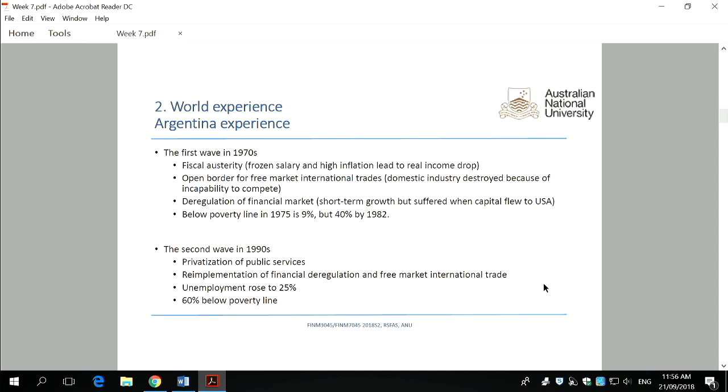The second one is they did the open door free market, which means reducing capital and trade barriers across the board, right? That's the international trade part. And the result was also not good. As you might understand, if you open your door freely to compete with foreign companies, what might happen if your domestic companies have low technology, low productivity?